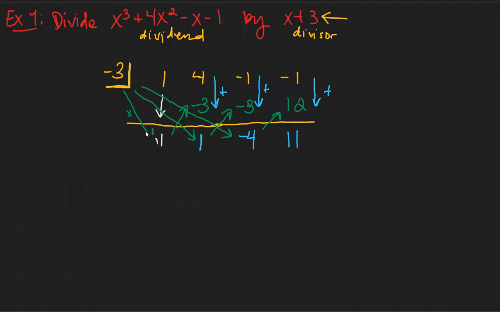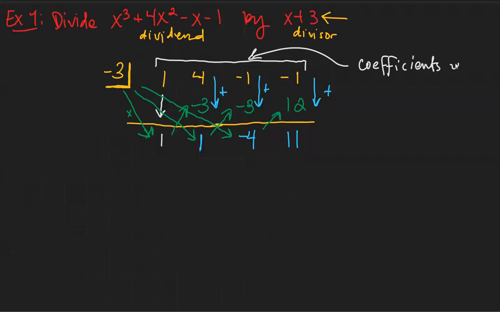So first of all, let's do some of the preliminaries. These numbers, the 1 through negative 1, what were those? Those are the coefficients of the dividend.